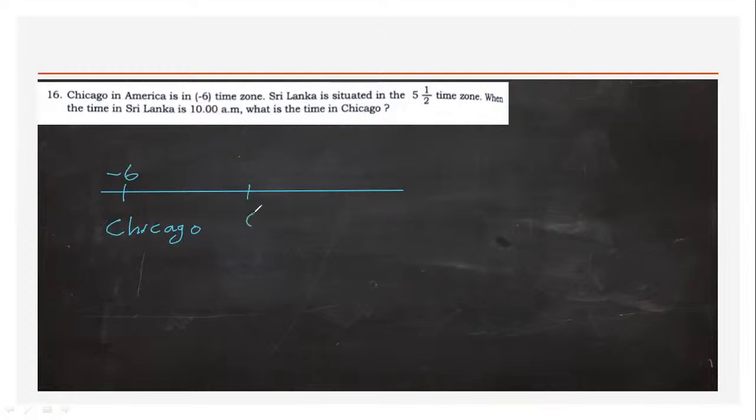Sri Lanka is situated here, right? Sri Lanka is in the +5.5 time zone. Then this is Greenwich time, right? We can write Greenwich. Sri Lanka is this time zone, +5.5.